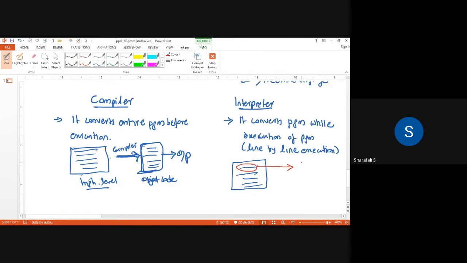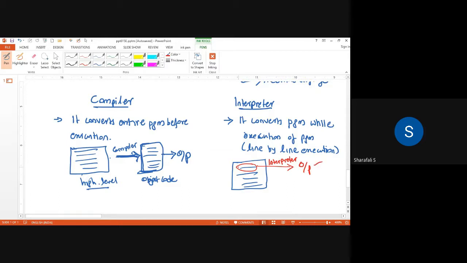So here we are having that interpreter. When you are using an interpreter, it will take the first instruction, convert it, execute it, and you will get output immediately.